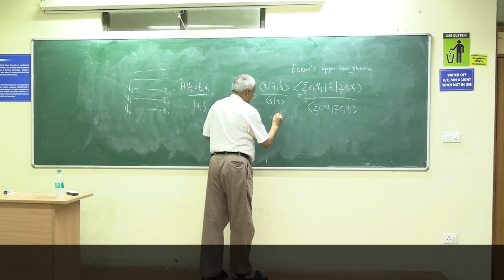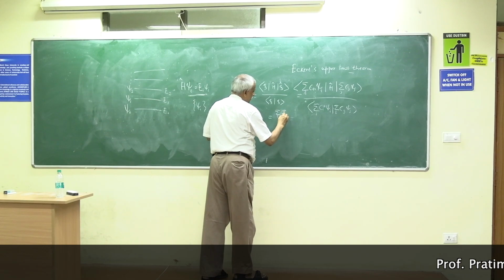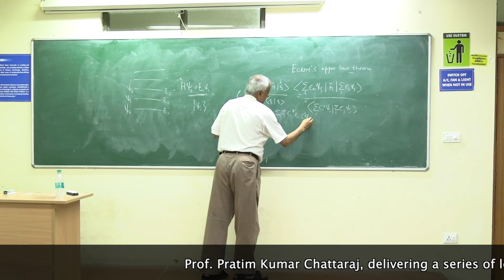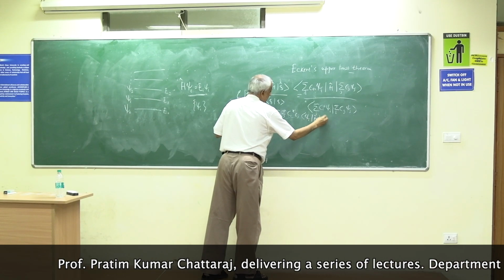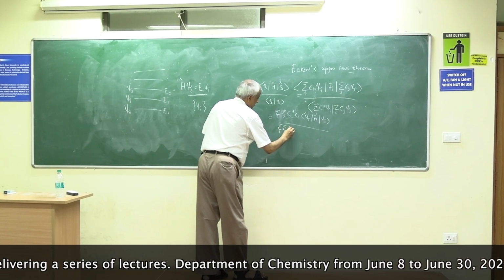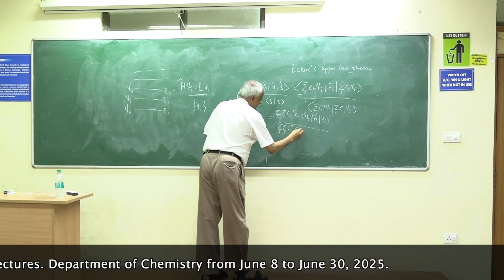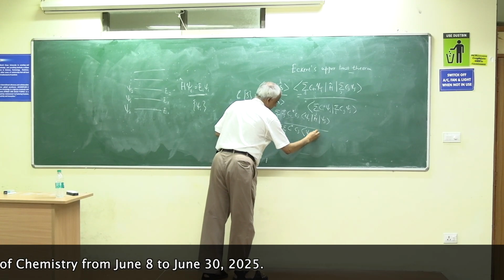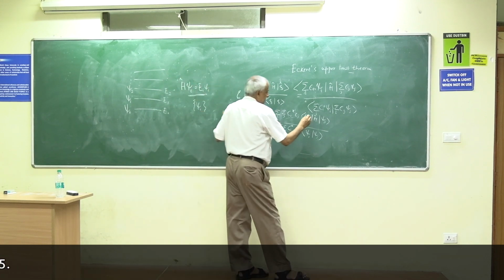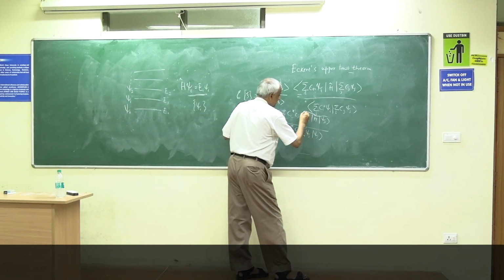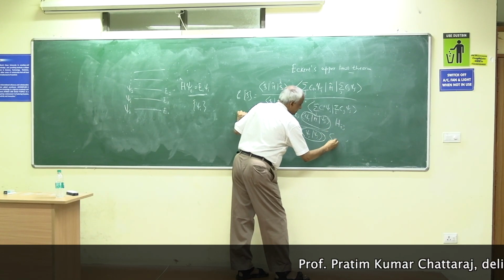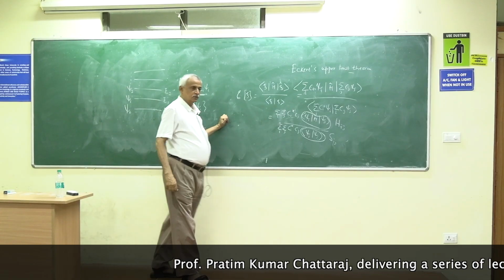Or it becomes sum over i, sum over j, Ci star Cj, psi i H psi j, divided by sum over i, sum over j, Ci star Cj, psi i psi j. This integral of psi i star H psi j is your Hij, the matrix element, and this one is the overlap matrix element Sij.